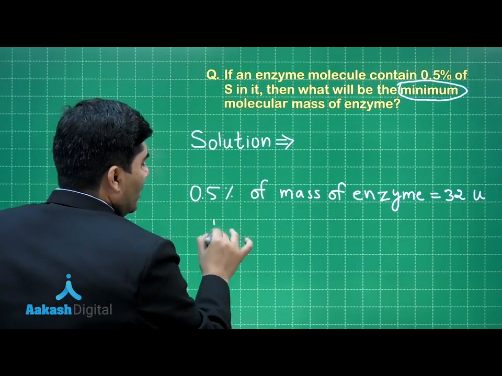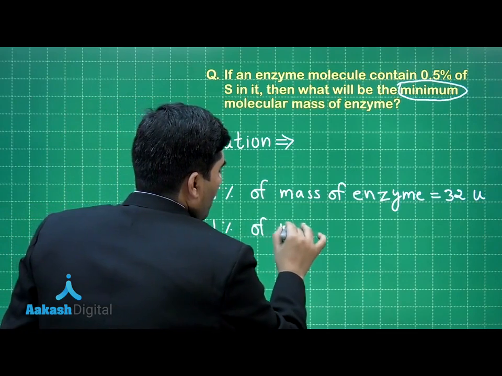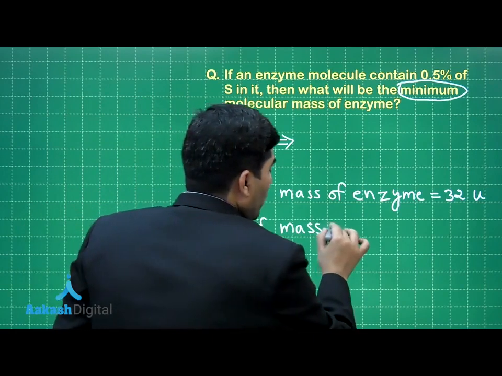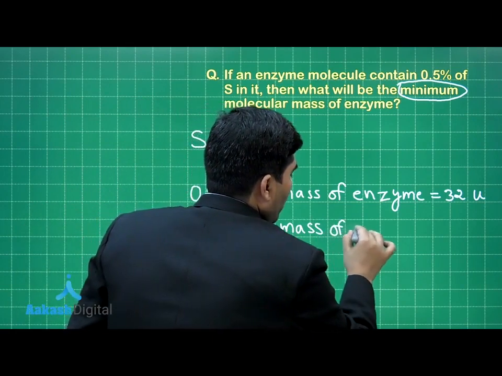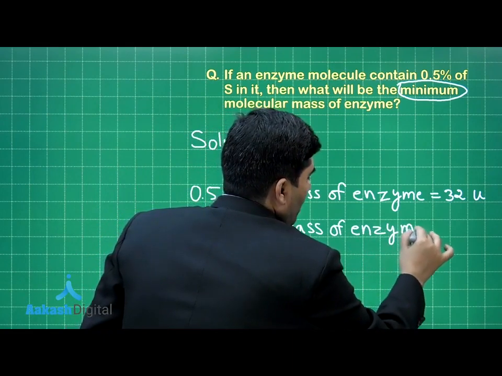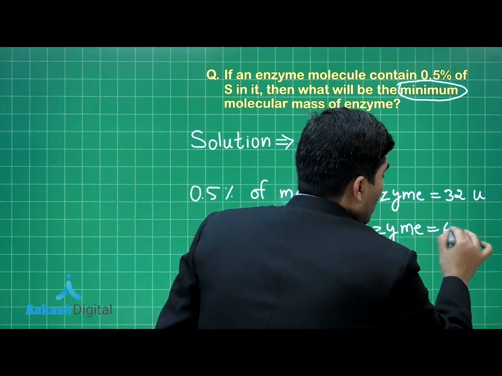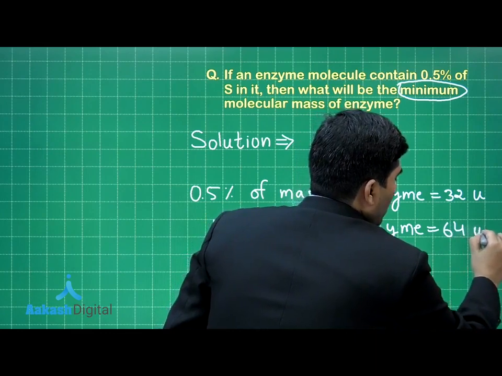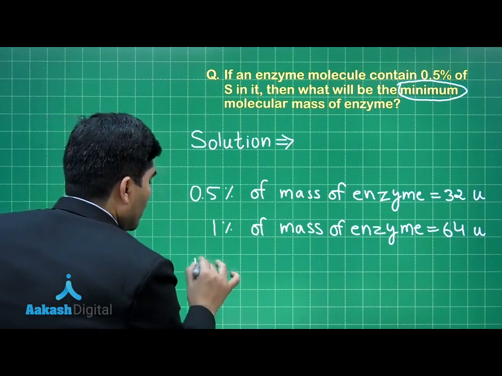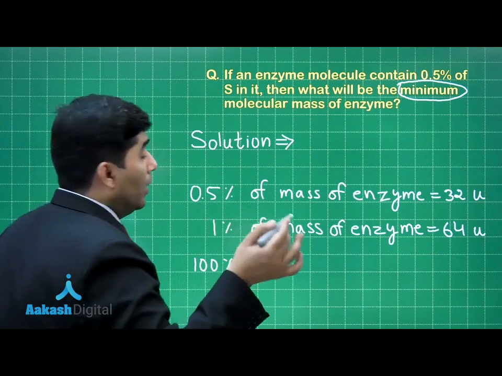If we take 1% of the enzyme, that is equal to 64 AMU, and 100% will give us the molecular mass of that particular enzyme.